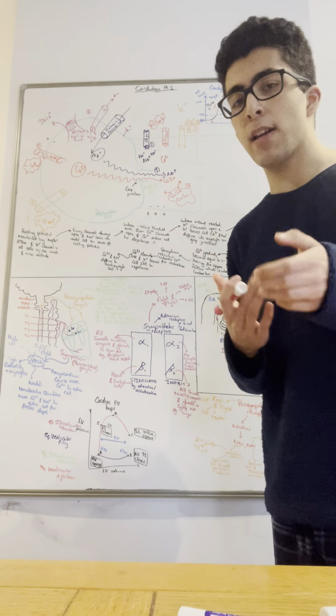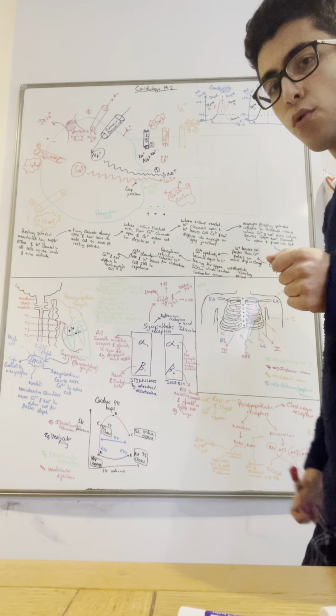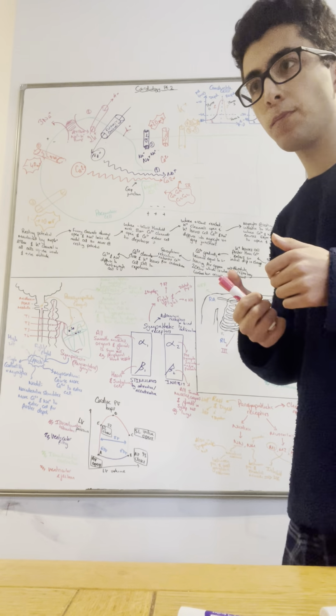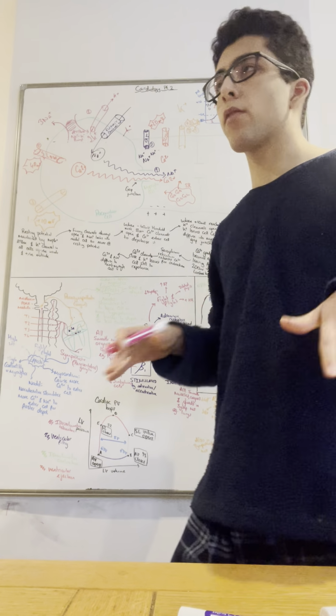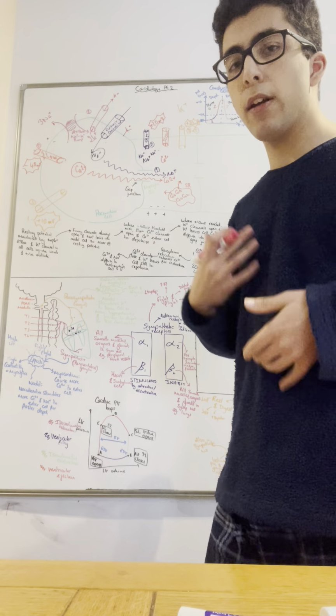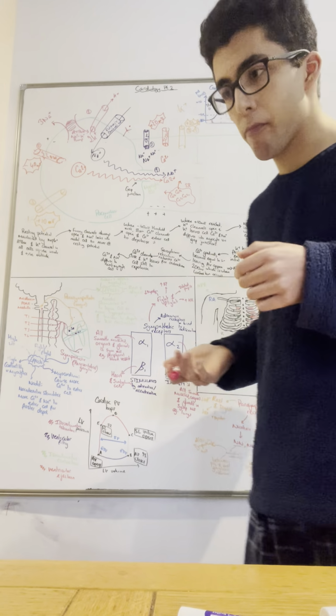So they stimulate resting and digesting. Our M2 then is inhibitory. So just because we've got parasympathetic doesn't mean everything is going to relax. We need some things to be more stimulated and some things to be inhibited.